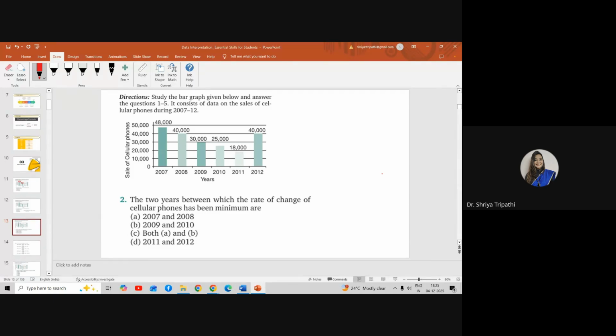Read the question carefully. The rate of change, here we are talking in terms of, you have to calculate the percentage.